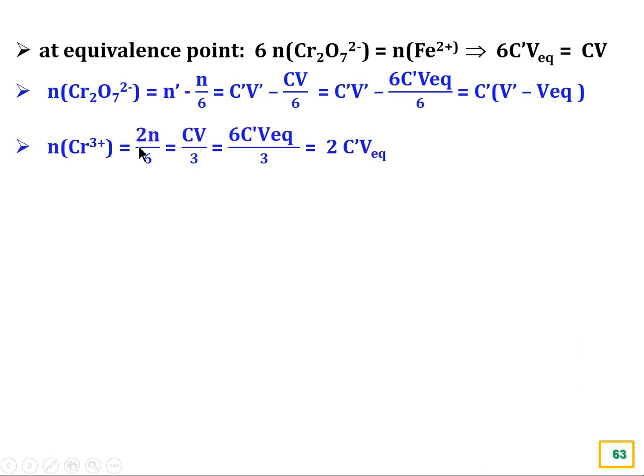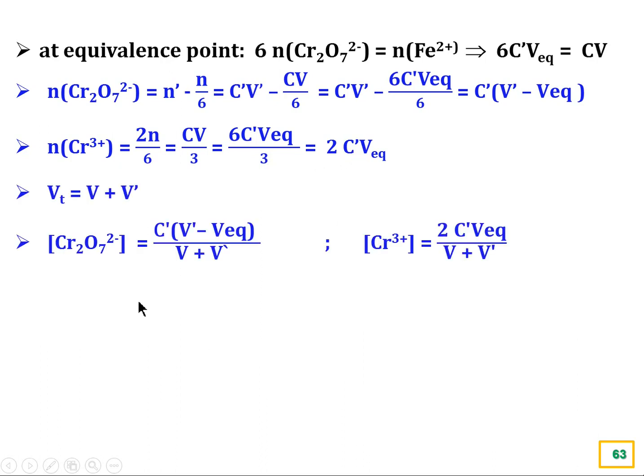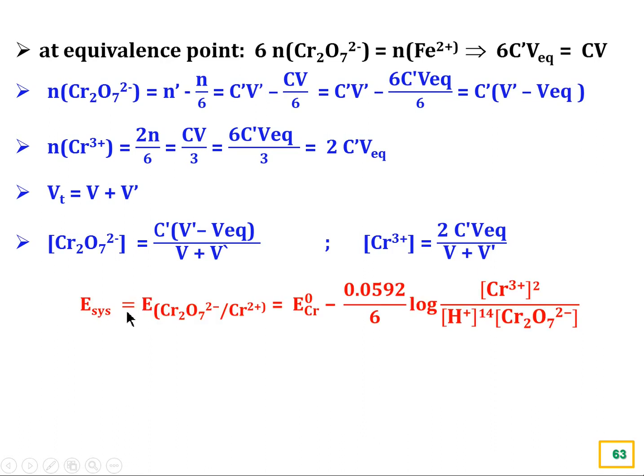The number of moles of chromium 3+ equals 2N divided by 6, equals 2CV over 6, equals CV over 3, equals 6C prime V equivalence divided by 3, so equal to 2C prime V equivalence. Now we apply E of the system equal E0 of the couple dichromate chromium 3+.